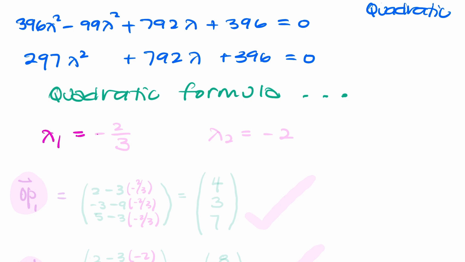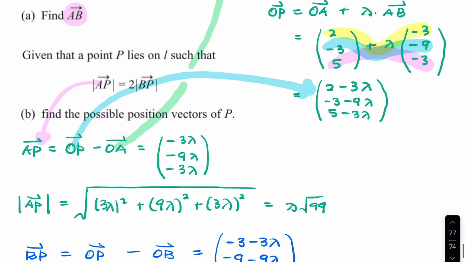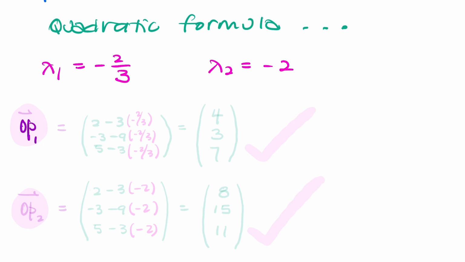So lambda 1 is minus 2/3, and lambda 2 is minus 2. So that corresponds to the two possible position vectors for P. So remember, we said OP is equal to this expression here. So let's say OP1 is equal to this, and we can replace lambda with minus 2/3.